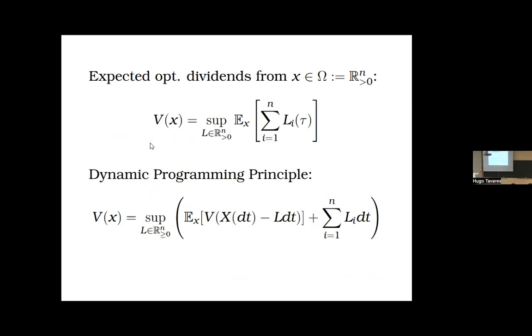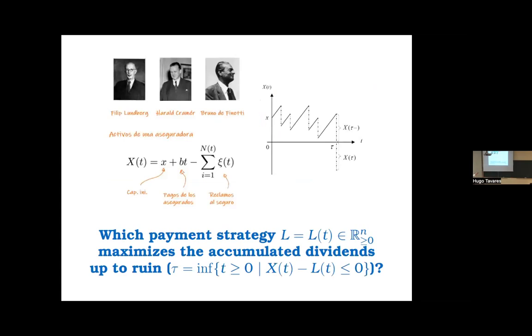So this will be the best that you can do given one of these strategies. So L is the amount of money that you pay, and I'm assuming in this problem that I don't have only one insurance, but I have multiple insurances. So you may think that there are two. So now my X, this process, is multidimensional, and ruin happens whenever I escape the positive quadrant.